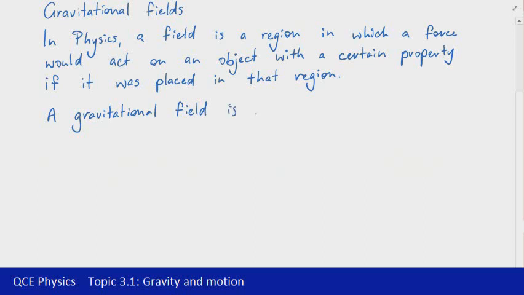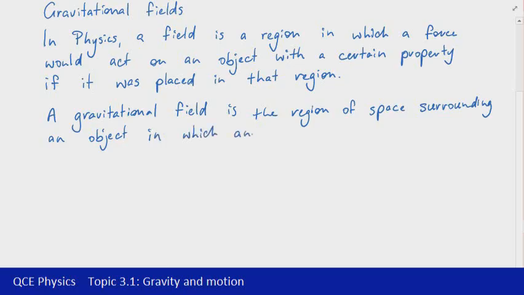So a gravitational field is the region of space surrounding an object, and that region of space is a region where another body or another object would experience gravitational forces. So in this case it experiences a force of gravitational attraction. So there's the definition.